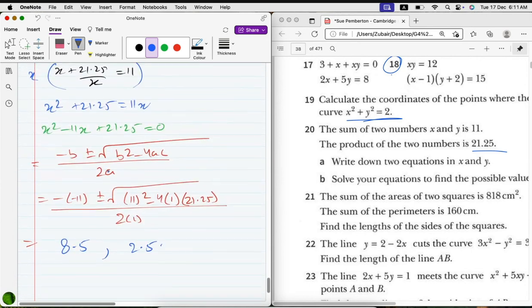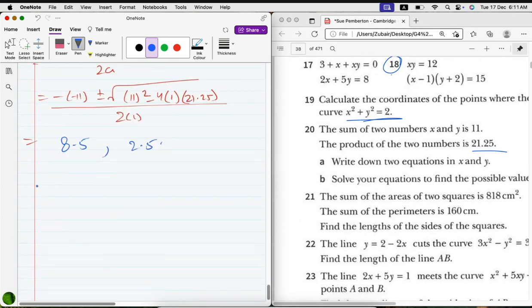And these were for x. And y equals 21.25 over x, 21.25 over 8.5 is 2.5. So when x is 8.5, y is 2.5.